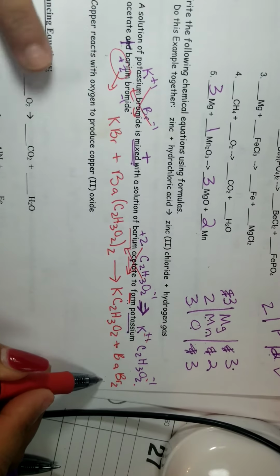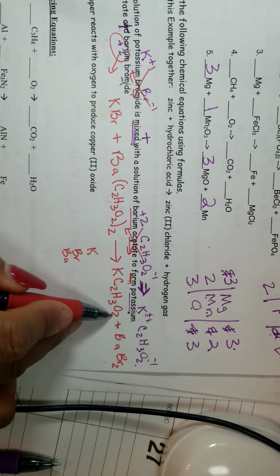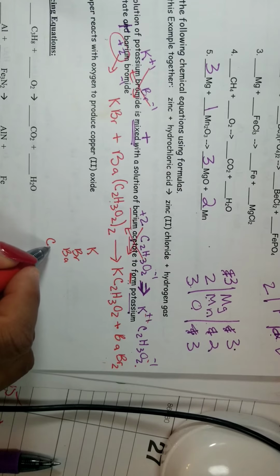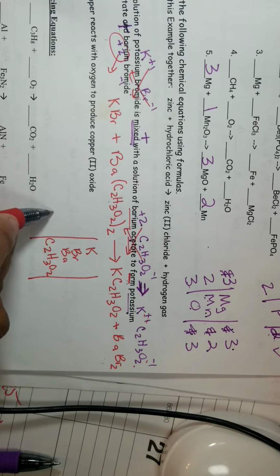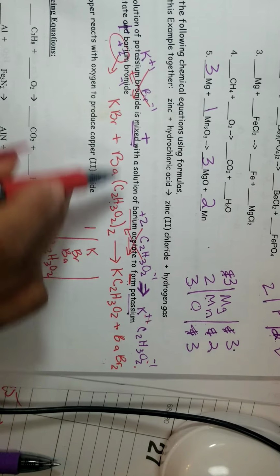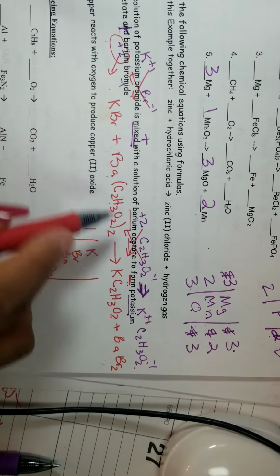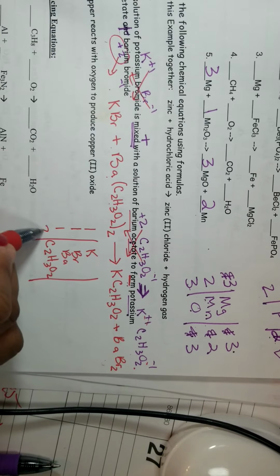Let me go ahead and do this here. I'm going to put K, Br, Ba, and since this polyatomic is the same on both sides, I'm going to write it as one unit, C2H3O2. Put my wall up. Let's start off with our reactant. 1 times 1 is 1, 1 times 1 is 1, 1 times 1 is 1, 1 times 2 is 2.